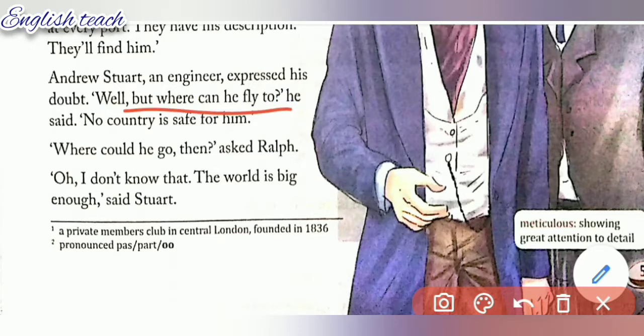For example, this thief can fly somewhere, no? So it is impossible to find him. And no country is safe for him, even if he goes to another country. So this idea was told by Andrew Stuart.